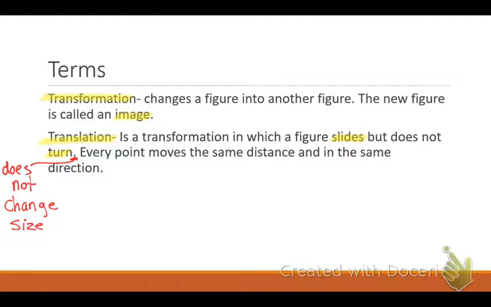Every point moves the same distance and the same direction, so it will not change size. It's basically just shifting left or right, up or down. If one point moves farther than another point, it's going to look like a different figure, and that's a problem. So translations slide, they do not turn, and they do not change size.